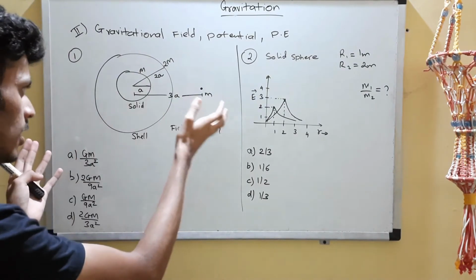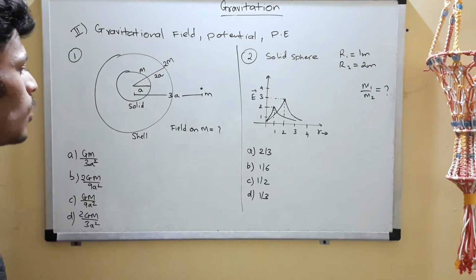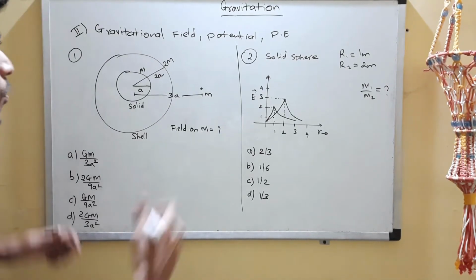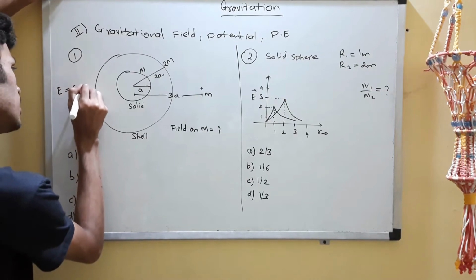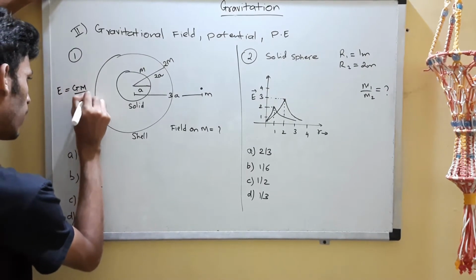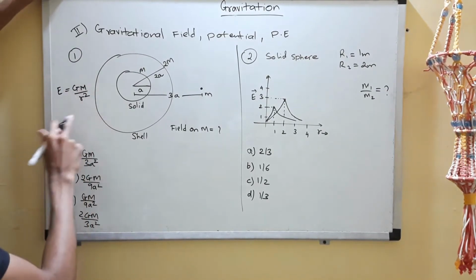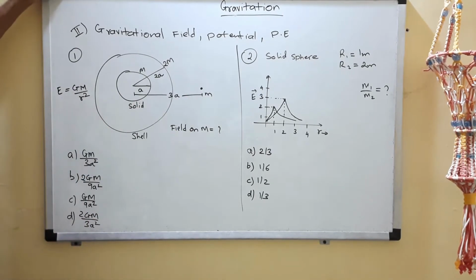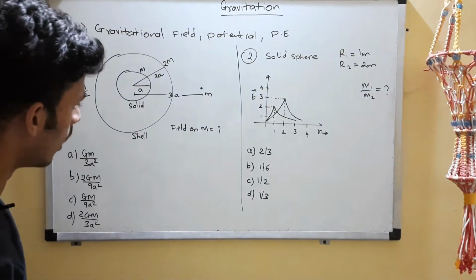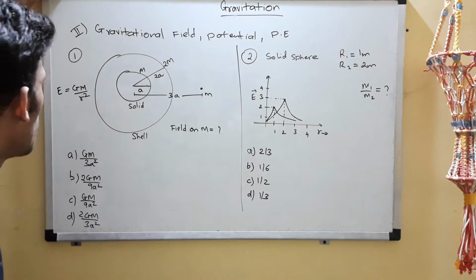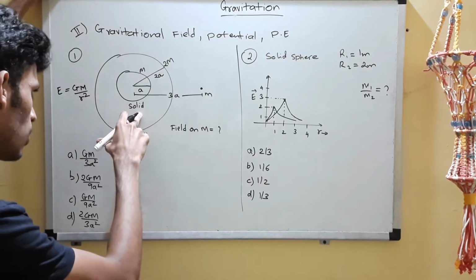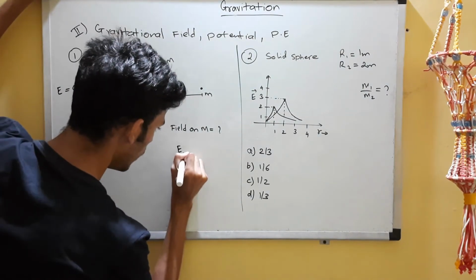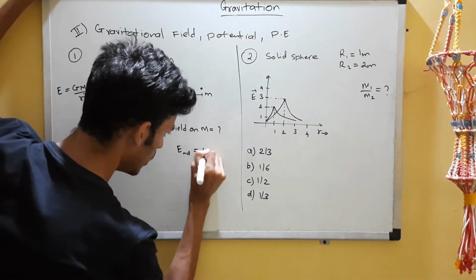It's outside the solid sphere and it's also outside the shell. For points outside, the gravitational field is given as GM by r square, where r is the distance from the center. Now let's find it out. The field on m will be due to the solid sphere, so basically the net field on m will be due to the solid sphere.